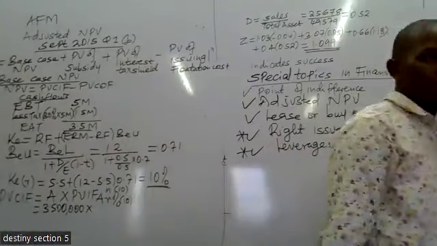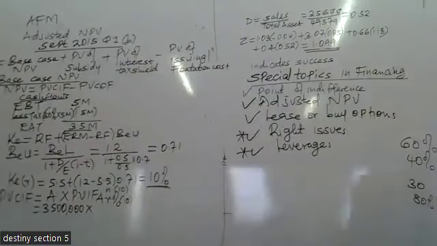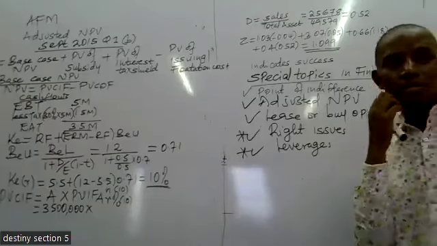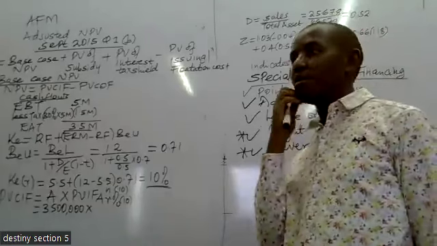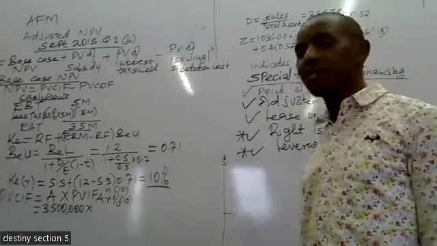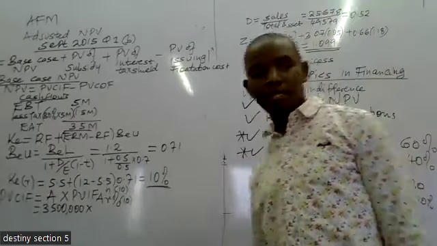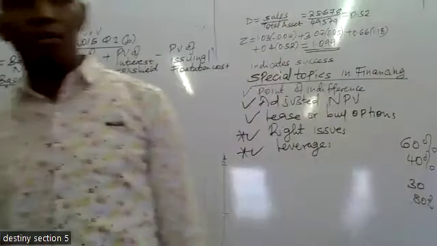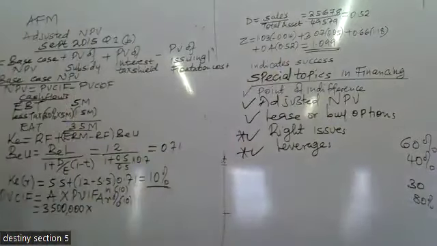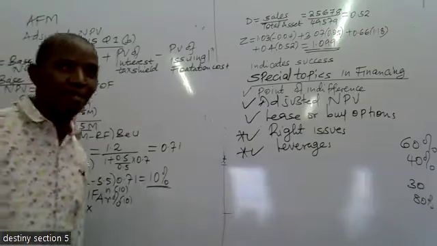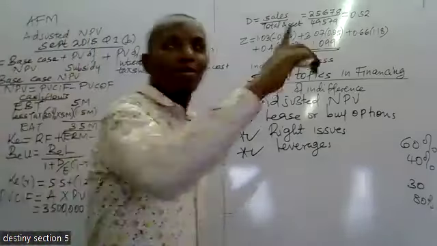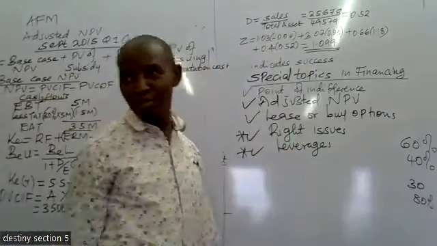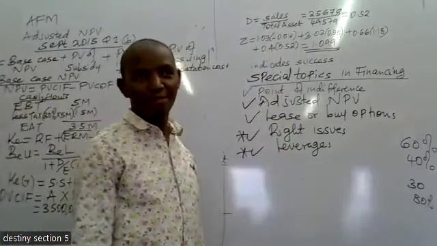You go to the tables now. The second table is for the annuity. Remember, use the second table when you have equal cash flows. If you want to waste your time and energy, you can just copy year 1 to year 10 and use the first table, which gives you the same.